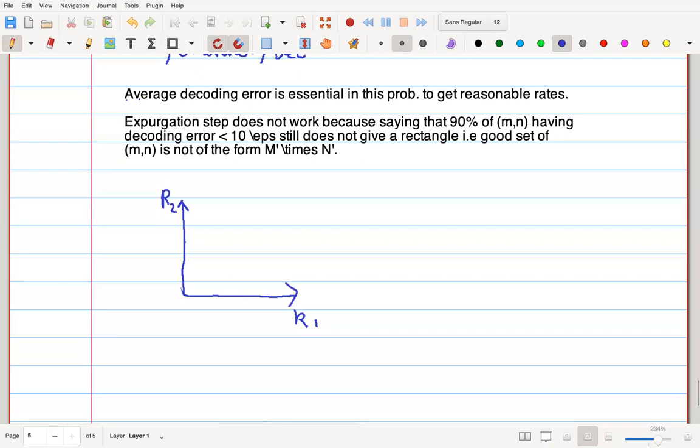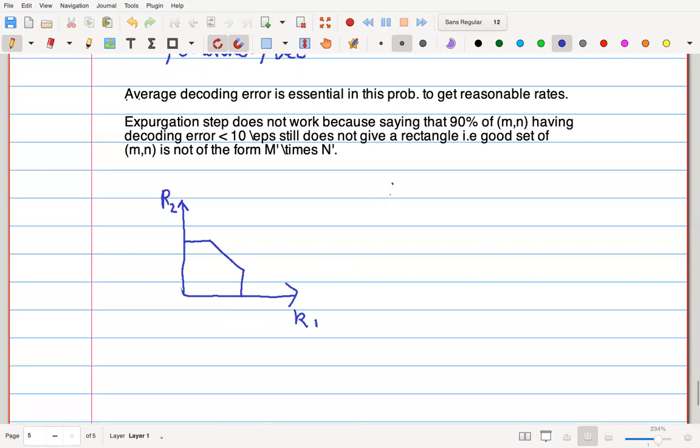And you may have seen in El Gamal and Kim or other textbooks that this is an achievable region, and in the classical asymptotic IID case, there is also a matching single-letter converse. So what does this mean?